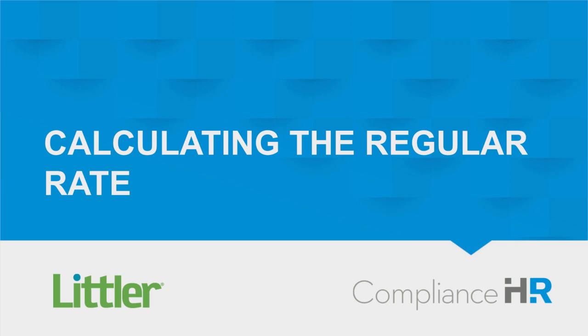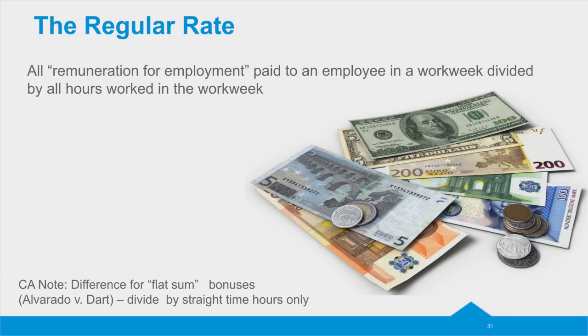So I wanted to move on to our last topic, and briefly walk through one of the areas where I get probably the most questions, and that's how to calculate the regular rate of pay. I wanted to start with the general concept of what the regular rate of pay is.